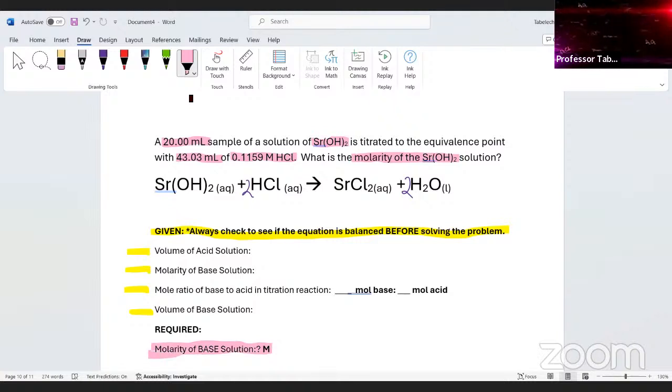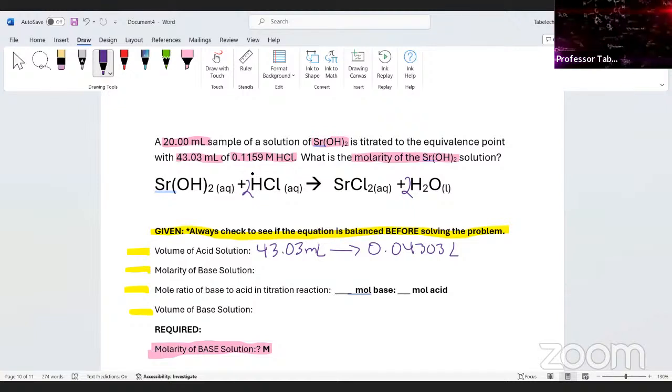So what you're going to do is fill in what they gave you. The volume of the acid was 43.03 milliliters. You're going to convert that to liters, 0.04303 liters. The molarity of the base, you don't know, okay? That's what you're looking for.